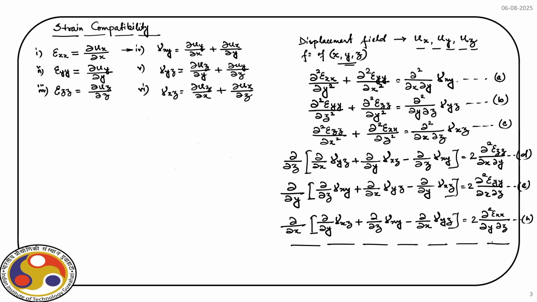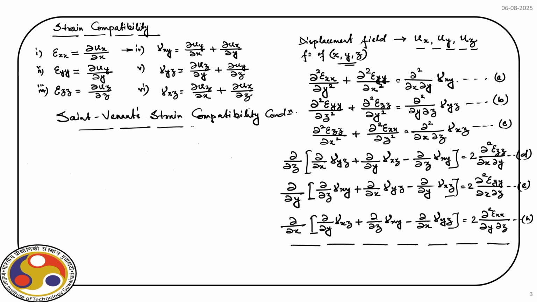Okay. But all 6 strain components we can correlate with each other, and what effectively we get are these 6 conditions that actually interrelate all different strain components. So, these are called Saint-Venant's strain compatibility conditions. Right.